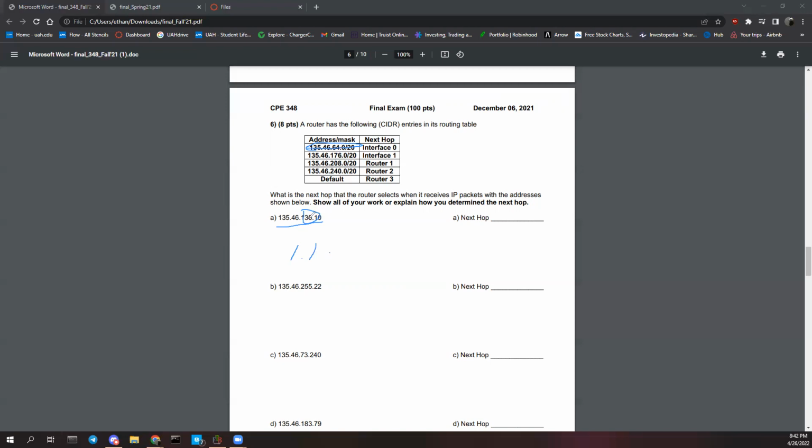64, 136. Well, we have 64, but we have the 20-bit. Now, addresses should be 32 bits long, I believe. Right? Is it 32? Yes. Should be. Wait. I don't remember how long IP addresses are.